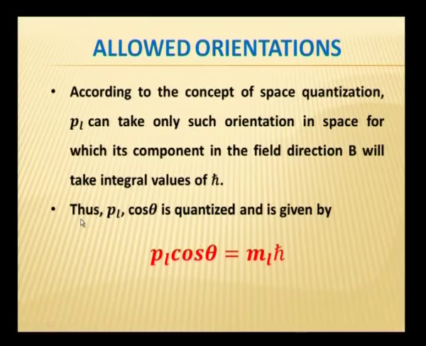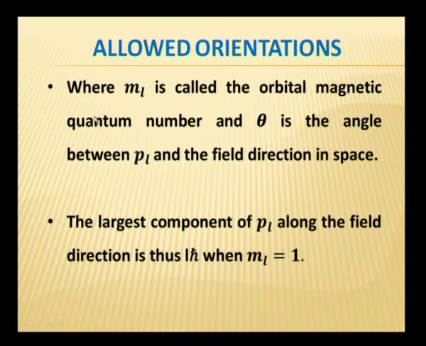The momenta that can be assigned to the electrons will be in terms of L, and thus PL cos theta is quantized and given by PL cos theta equal to ML into h bar, where ML is called the orbital magnetic quantum number, and theta is the angle between PL and the field direction in space.